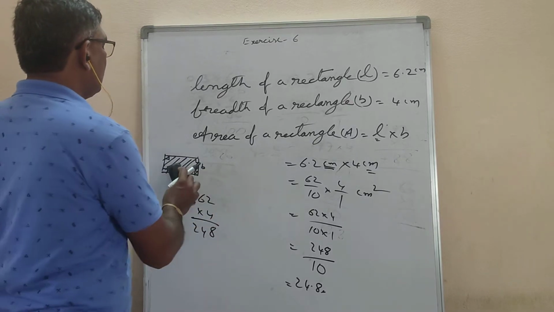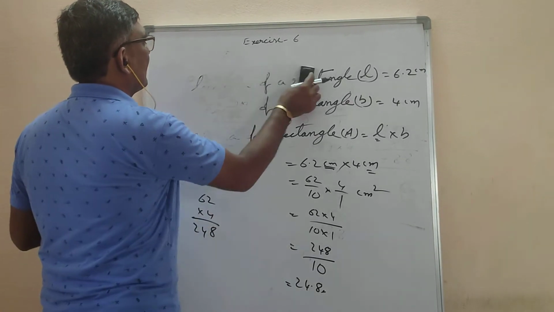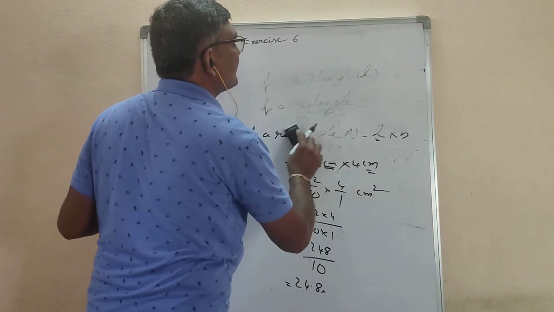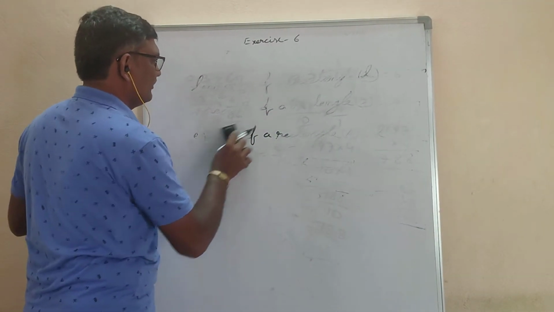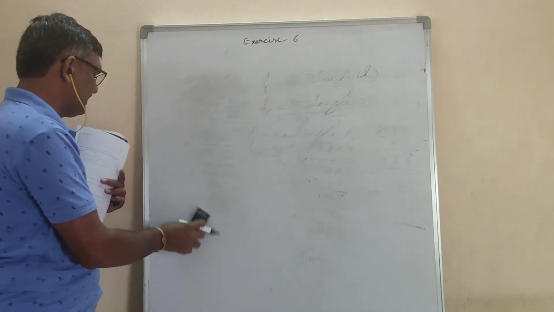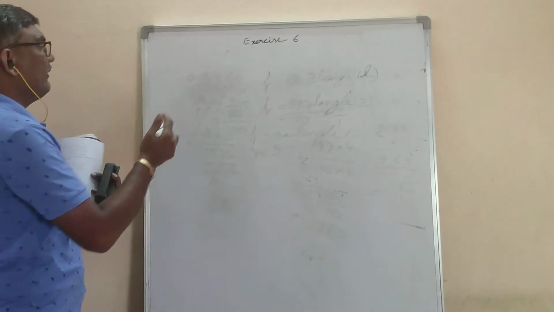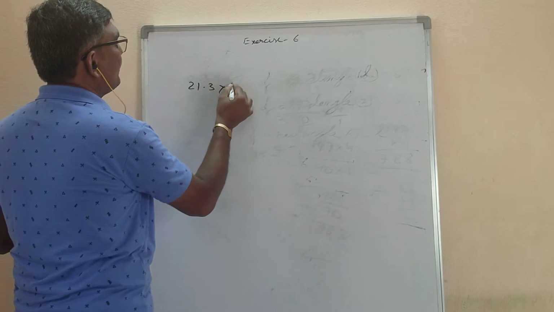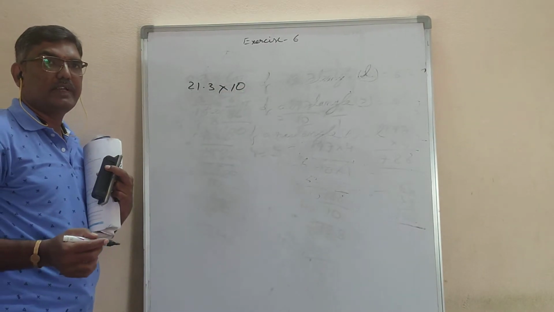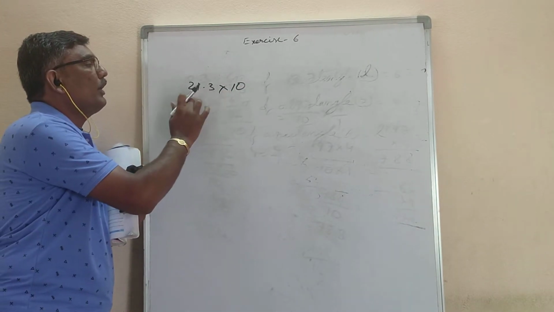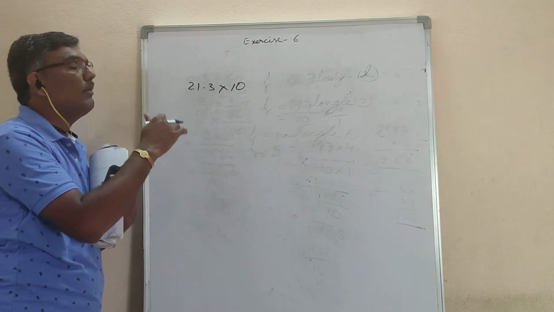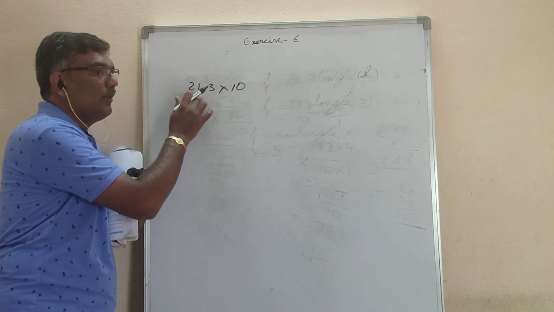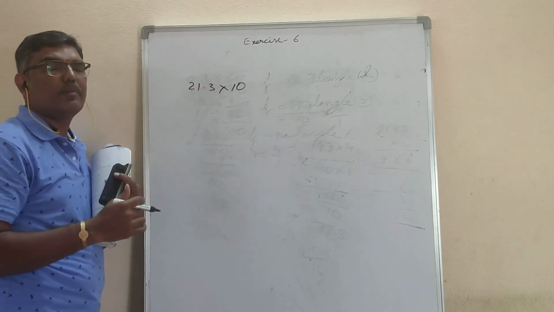Next we will go with the third problem. See it once here. So 21.3 should be multiplied with 10. It's a very easy one. 21.3 you have to write into rational form.